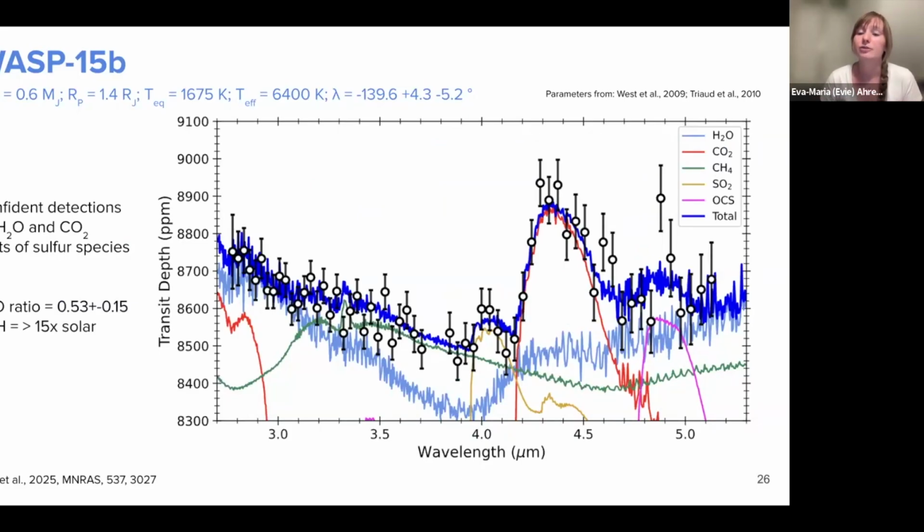We also found a feature around 4.9 micron, which is where OCS is expected, but we couldn't confidently detect it, and also the width doesn't quite match, so it's still unknown where this feature exactly comes from. The C/O ratio reported in this is around 0.53, so around solar, and the metallicity is larger than solar, about 15 times.